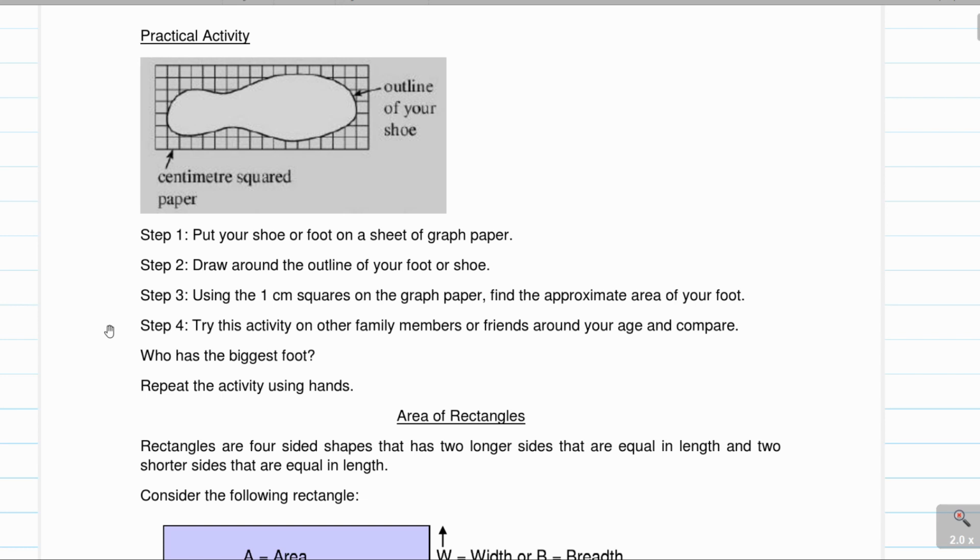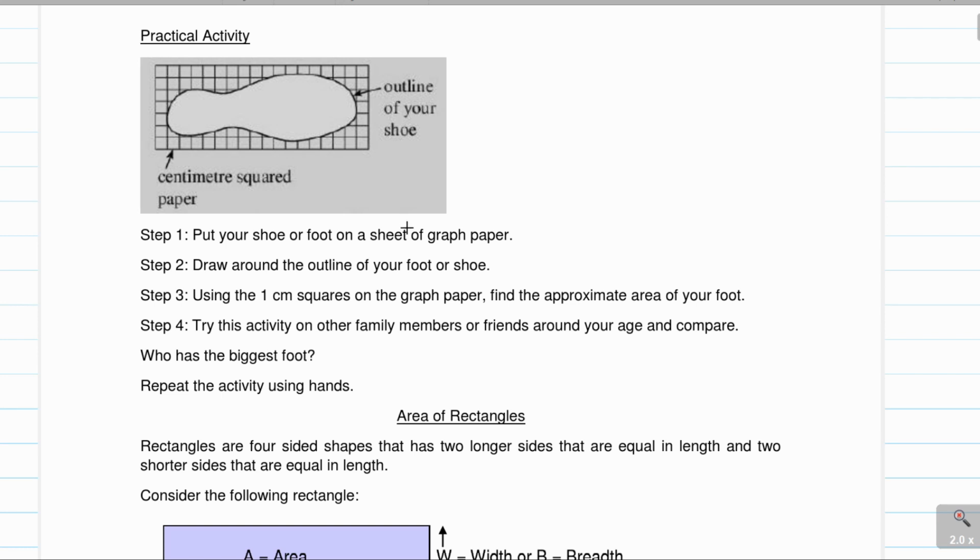So what you would do is get a sheet of graph paper, put your shoe or your foot on the graph paper, and with a dark pen or a marker, draw around the outline of your foot or shoe. And then using those little squares on the graph paper, just like we did to find the area for irregular shapes, I want you to count the squares and find the approximate area of your foot or shoe.